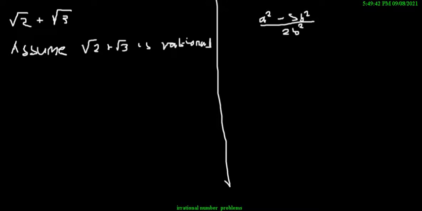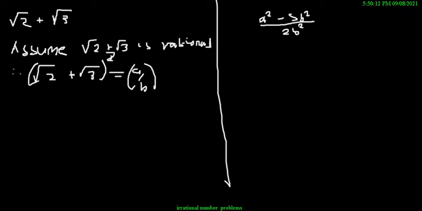So let's assume that square root of 2 plus square root of 3 is rational, so it is equal to a over b. Let's try to get rid of the square root. Let's square this side, and square this side.